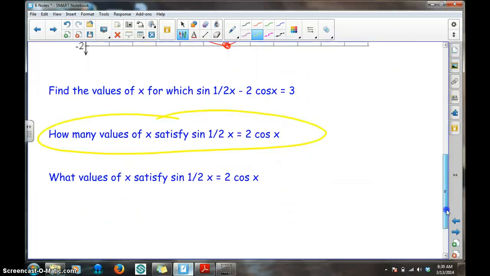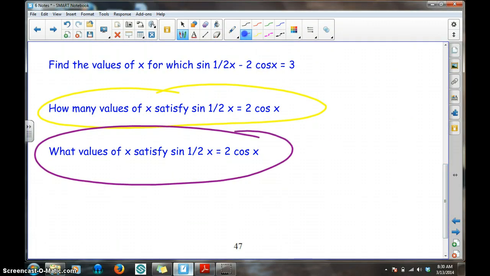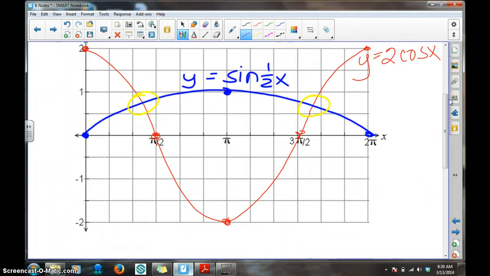The next variety of question that they could ask you is, okay, so what are those values? And to do that, you could solve this algebraically without a calculator, but it's much easier with a calculator. If you were on your calculator, you would just second calc 5, and then get Spider-Man on top of this intersection and enter, enter, enter. And then you do it a second time.